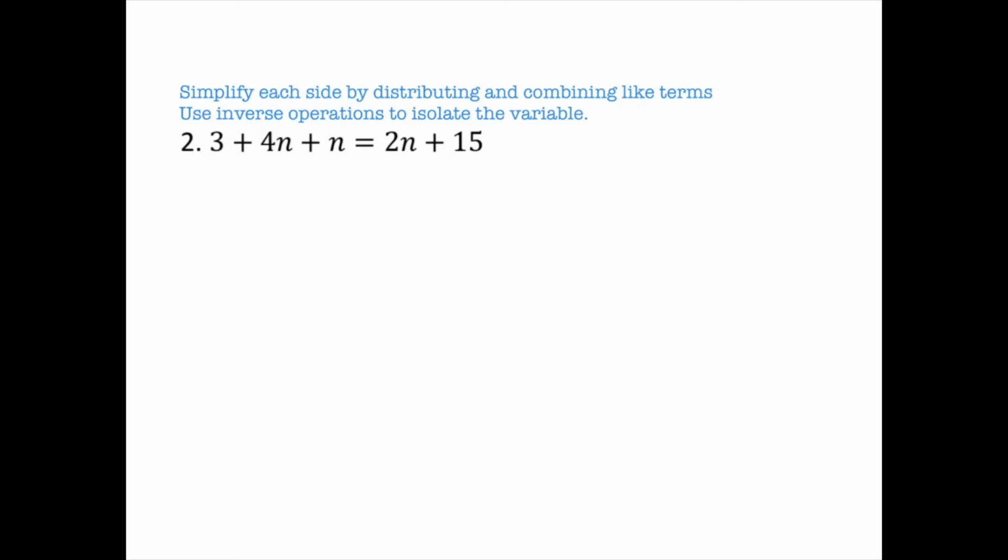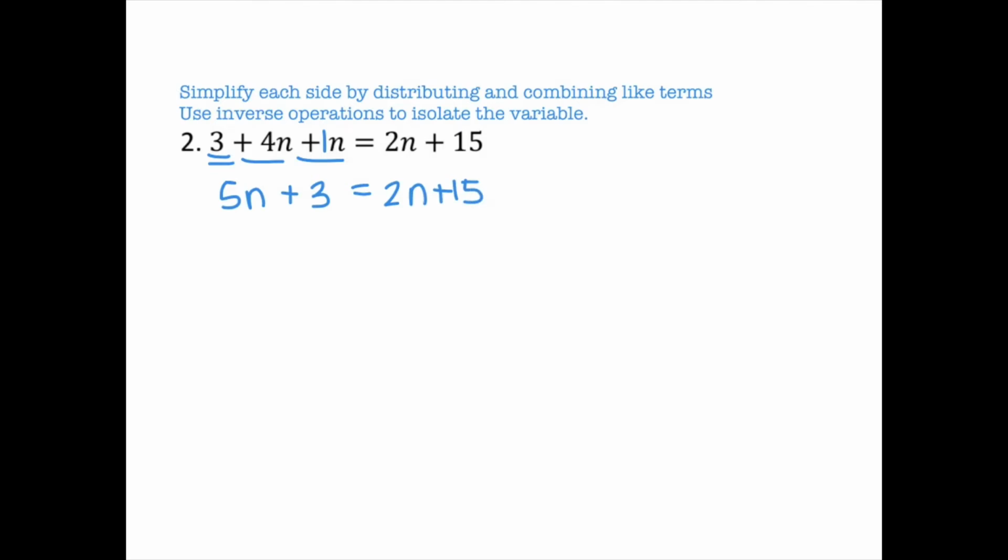In this next problem here, I do not have any distributing because there are no parentheses, but I do have some like terms to combine on the left-hand side of my equation. So I have 4n, a positive 4n plus 1n, which is 5n, and then I have this positive 3. So 5n plus 3 equals 2n plus 15.